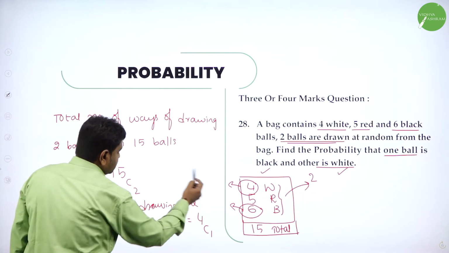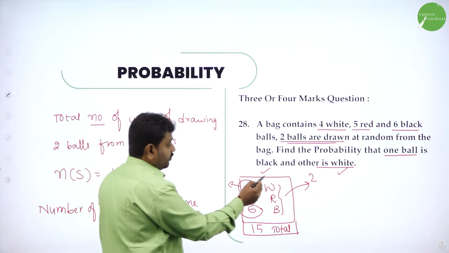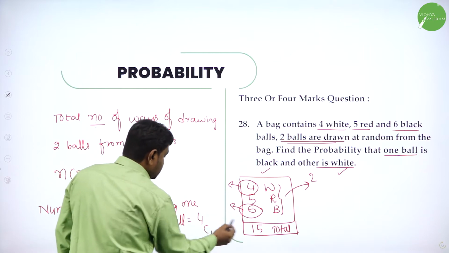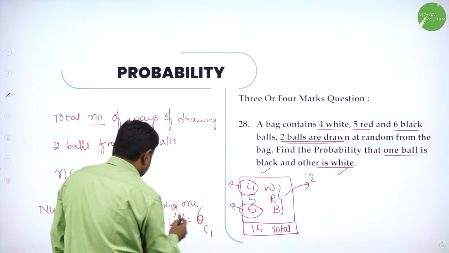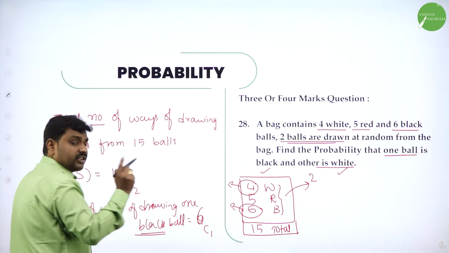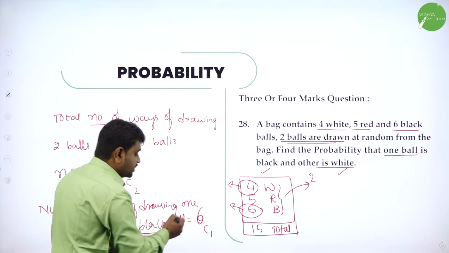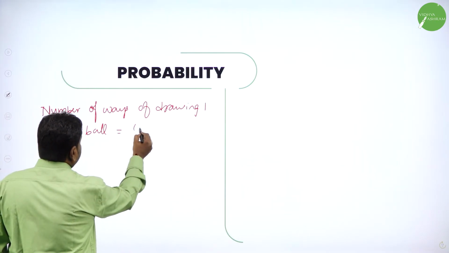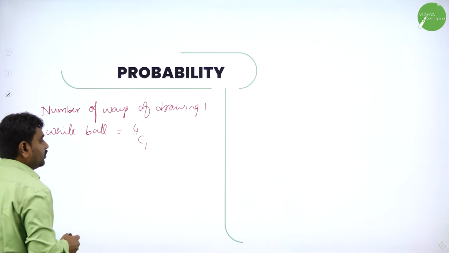So we have 6. Number of ways of drawing 1 white ball. So black ball 6C1. How many black balls are there? 6 black balls. Out of 6 black balls, 1 can be drawn in 6C1. Now the number of ways of drawing a white ball. We have 4 white balls. Out of 4, you have to select 1, 4C1.